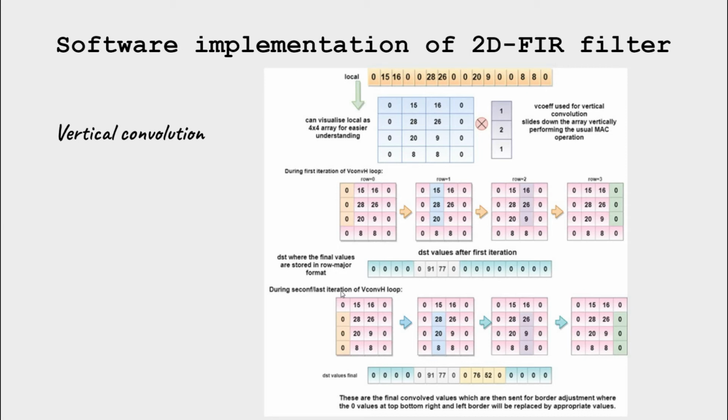During the second iteration, my vertical pixel window now shifts below, and this highlighted portion is the one which will do the convolving. In the next iteration, again it moves to the next column. Here 28, 20 and 8 will be convolved with 1 2 1. Then with 26, 9 and 8, and then with 0, 0, 0. Again the resultant values are 0, 76, 52 and 0, which are stored over here. So these are the final convolved values after both horizontal and vertical convolution.